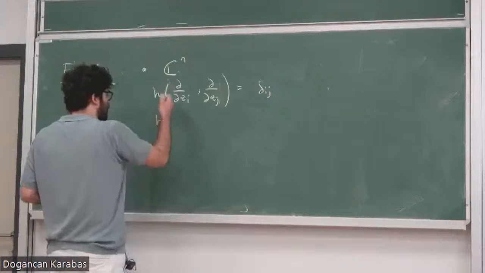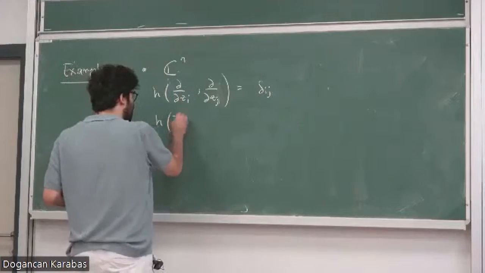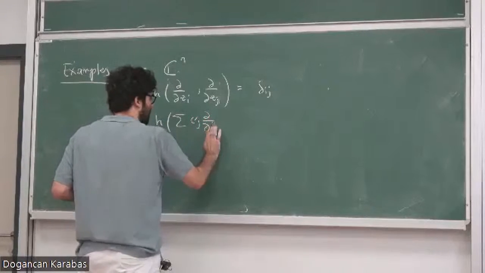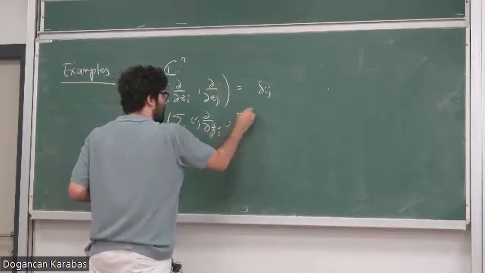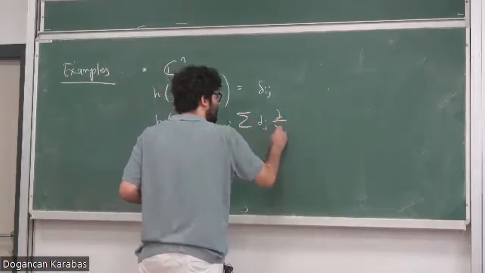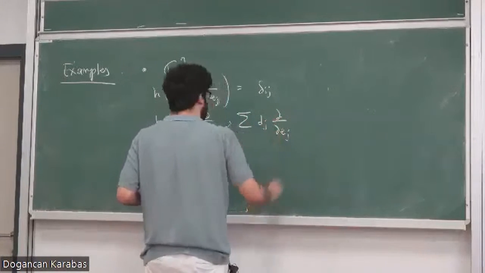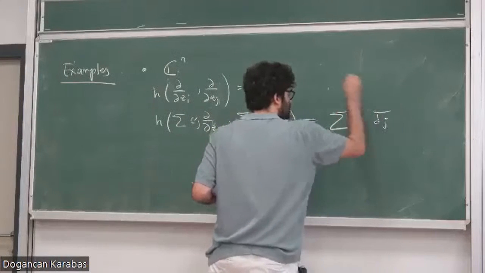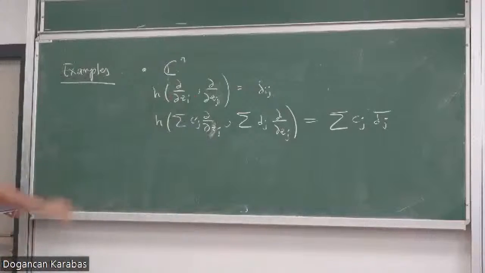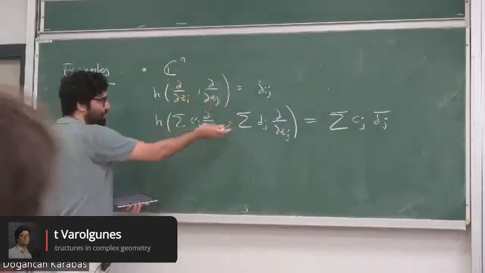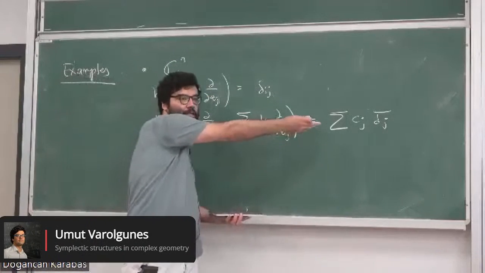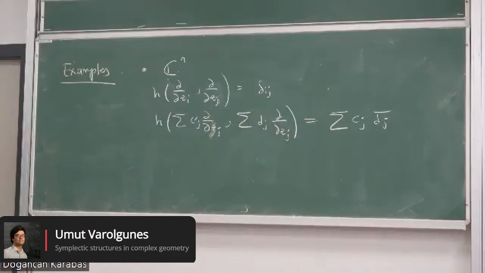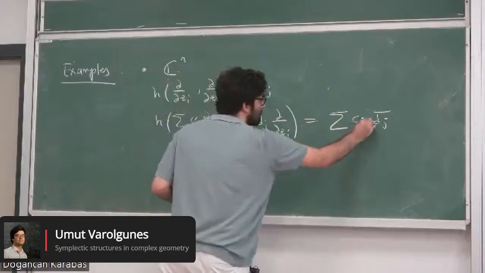But if you write what this is for general vectors, cj and dj, you get the sum of cj dj bar. It looks very simple, but if you wanted to evaluate it on general vectors, it has this expression, which is kind of complicated. You're doing a complex multiplication. So it's not so easy.